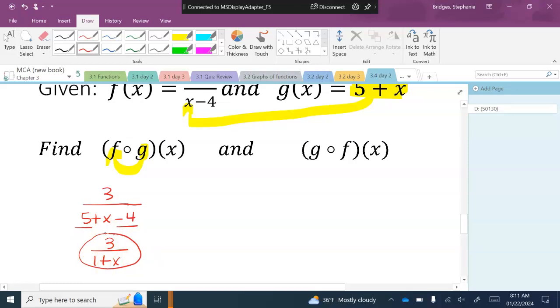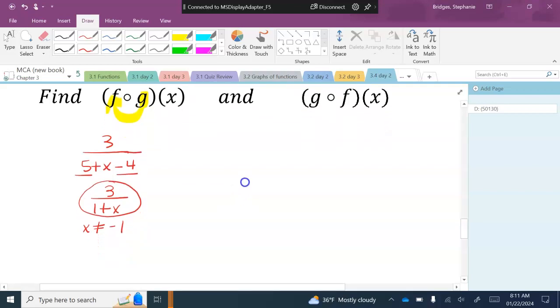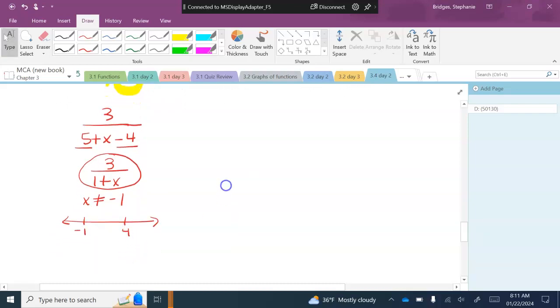Does that add another restriction here? Yeah. What can x not equal in this one? Negative 1, okay? So we not only have to include the 4 from before, but we also have to include that negative 1. So think like we did with the 0 and the 1. I cannot be negative 1 and I cannot be 4.